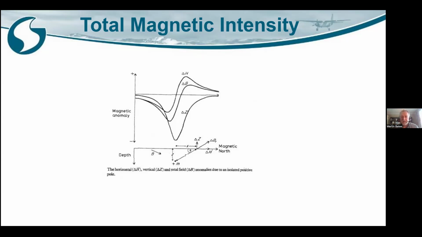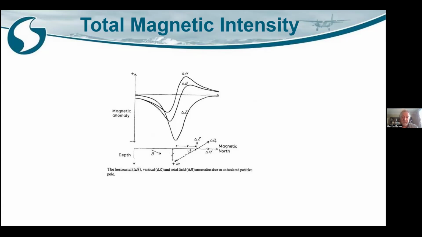So the total field will be something huge, typically at the mid latitudes maybe 60, 70,000 nanoteslas, that sort of range. We're talking about plus or minus on top of that, usually anomalies of tens of nanoteslas to hundreds of nanoteslas for big ones, superimposed on that Earth's magnetic field.